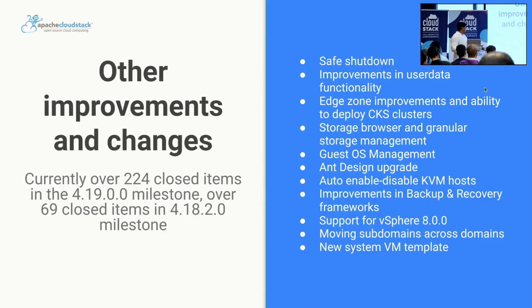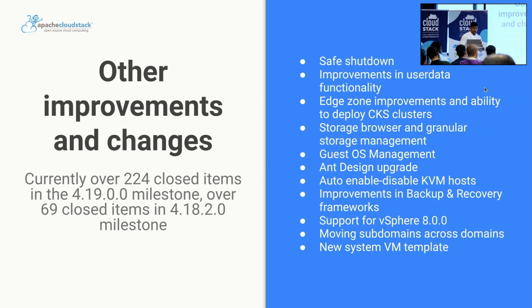Right now we have already closed 224 items in the milestone. I may have missed some of these interesting features, so here's a brief list of other things that are coming.